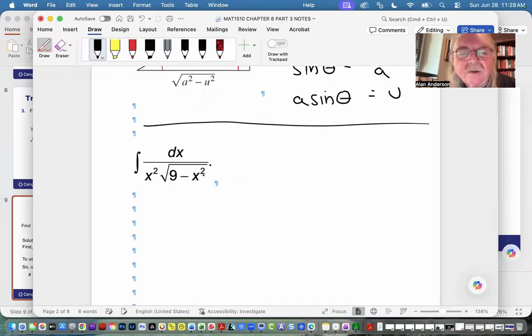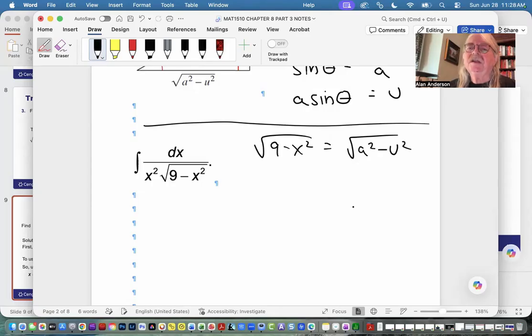So instead, we say to ourselves, wait a minute, this looks awfully familiar. It sure does. If you let a squared be 9, then of course a is 3. And then u would be x.